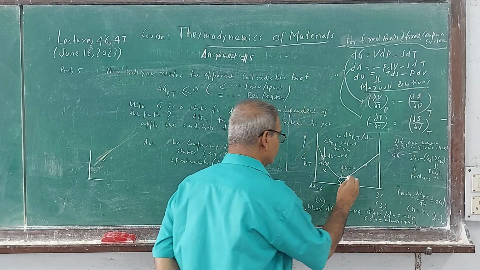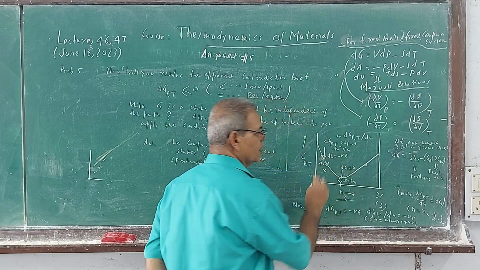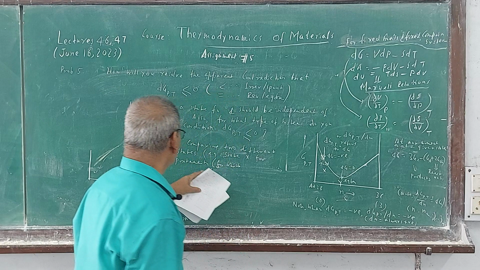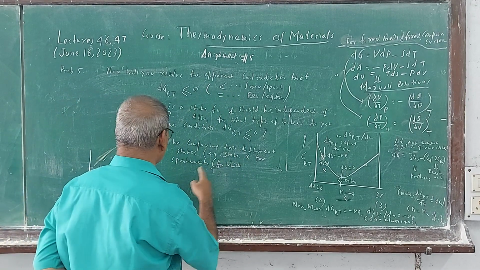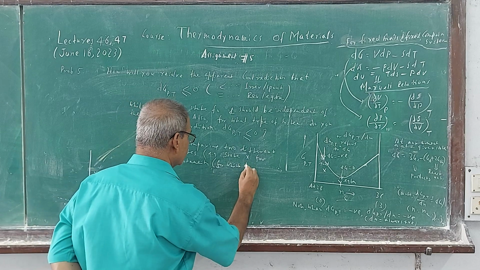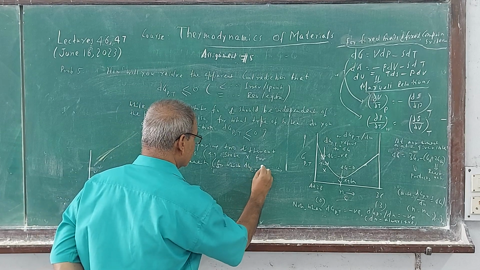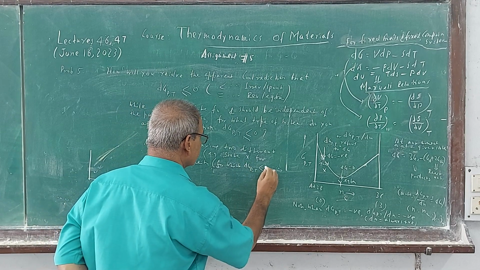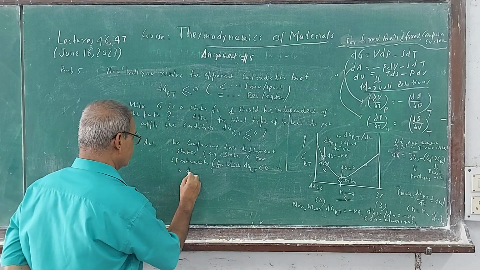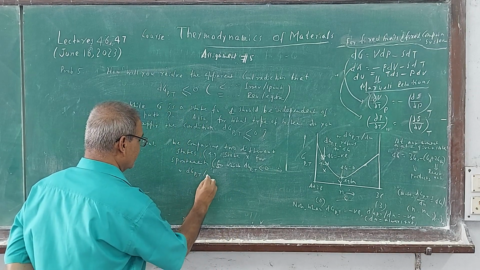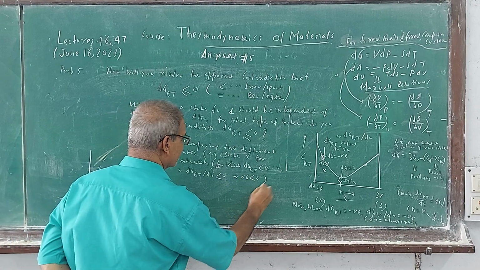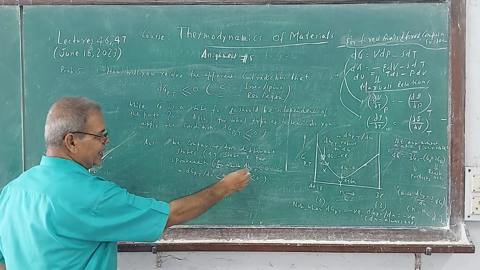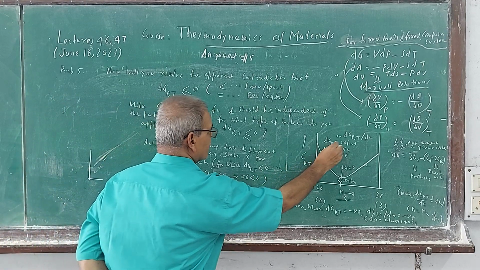This is the minimum. So when we are comparing two different states, it is state X for spontaneity, for which DGPT is less than 0, or DGPT by DN is less than 0, or delta G. These are the same.